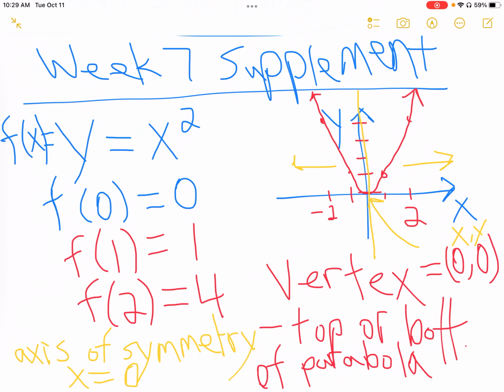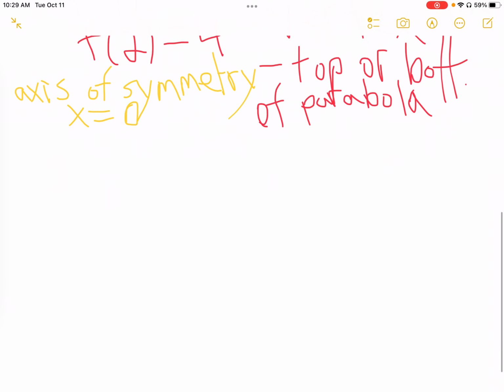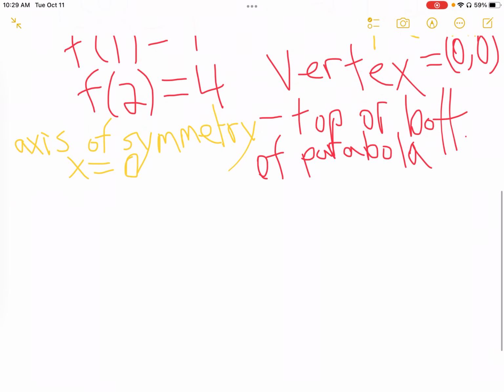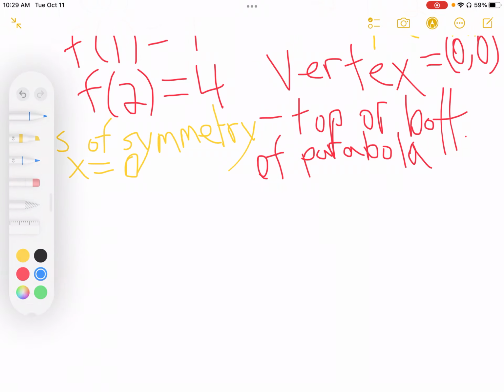Okay, so now let's go ahead and talk about this week's parabola. We'll talk about vertex and axis of symmetry here. So let's go back to color blue maybe.